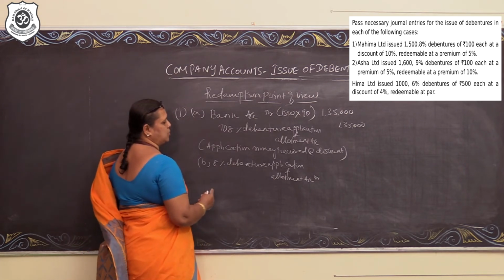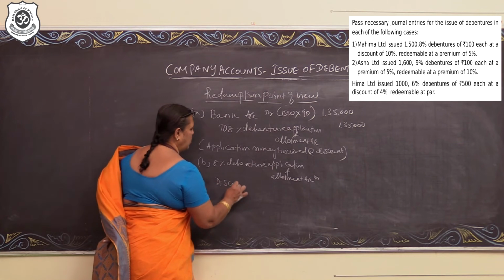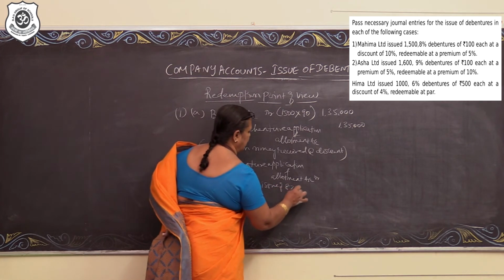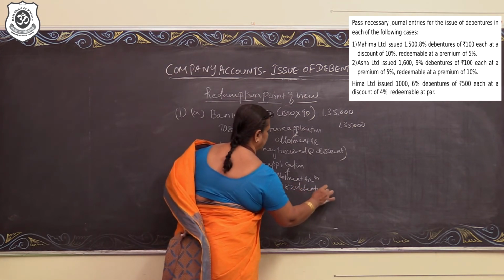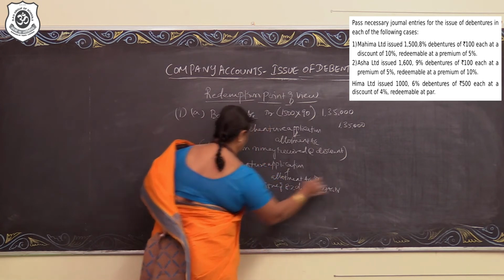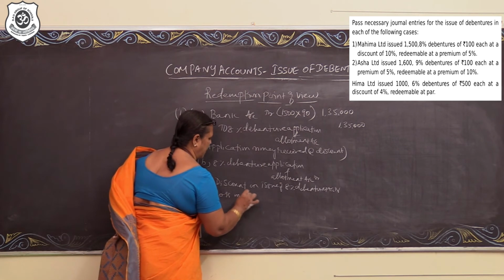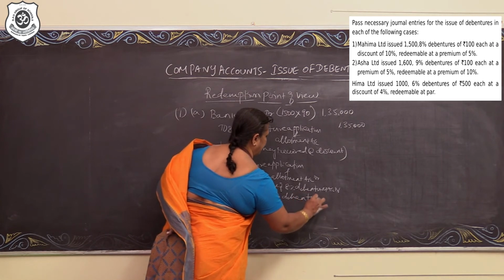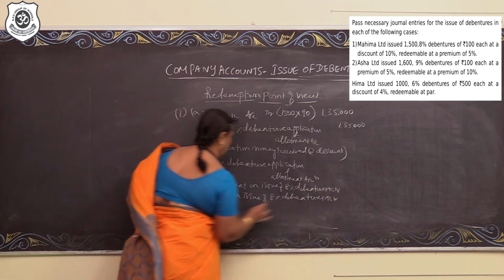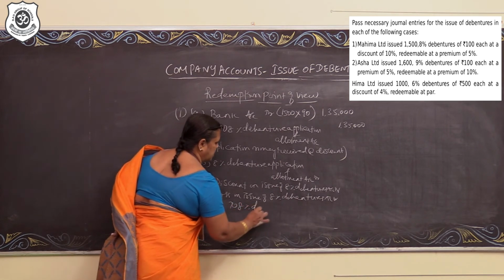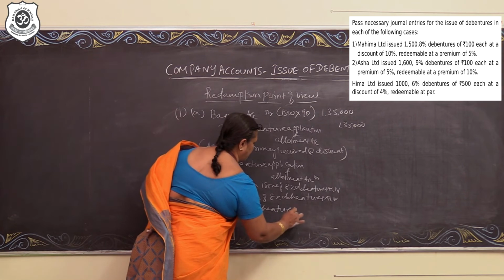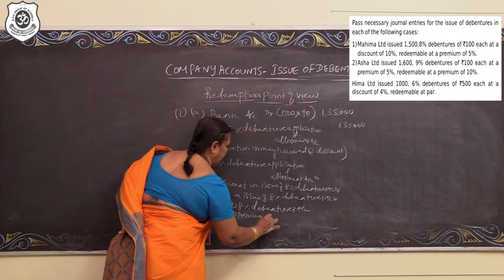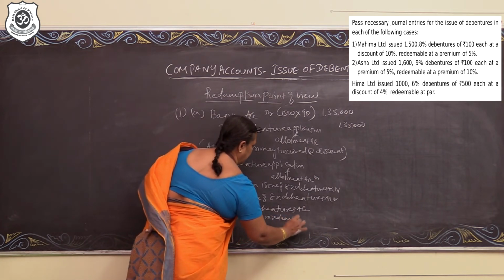So 8% debenture application and allotment account debit, discount on issue of 8% debentures account debit, loss on issue of 8% debentures account debit to 8% debentures account, to premium on redemption of debentures account.